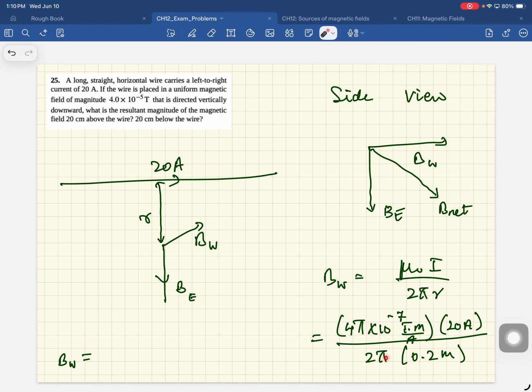So the force, if the currents are in the same direction, the force is attractive, and if they're in the opposite direction, the force is repulsive. And again, this formula works only when the wires are parallel to each other. It won't work like that if they're skewed. The force per unit length only works like that.